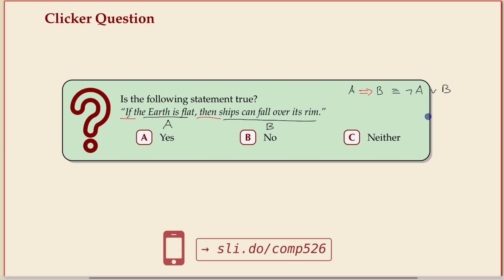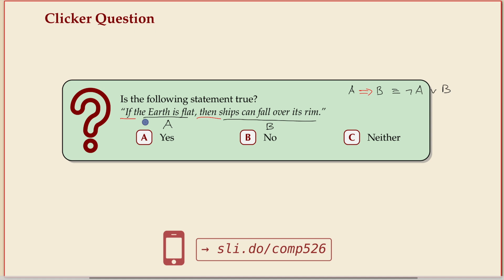Sometimes people use the equivalent symbol, an equal sign with three lines, for saying two formulas are equivalent. But if you unpack that again into English, it means an or statement. Ships can fall over the rim, or the Earth is not flat. One of those is true. That's fine, and that's good enough.